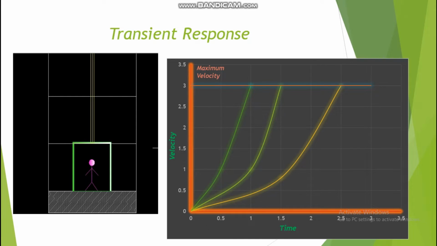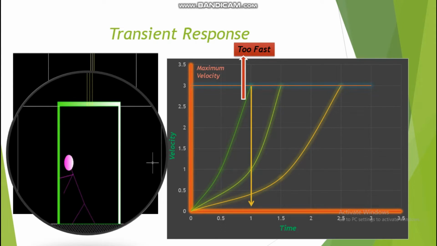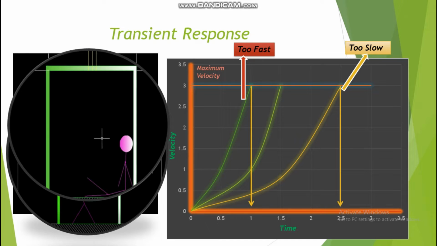There are different ways that this velocity can be achieved. In the first case, let's say the velocity is designed to be achieved quite quickly, but that would be very uncomfortable for the guy in the elevator, as the acceleration is too much and it's taking 1 unit of time to get to the maximum velocity. Now we can also design the system in such a way that it takes too long to get to the maximum velocity, and the guy might get too impatient as it is taking 2.5 units of time to get to the maximum velocity of 3 units.